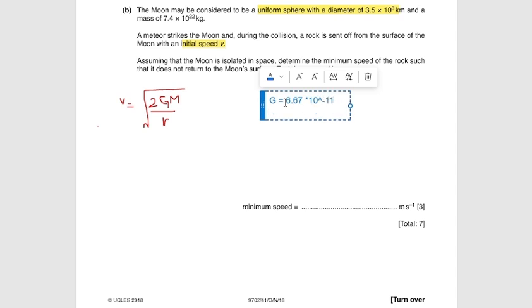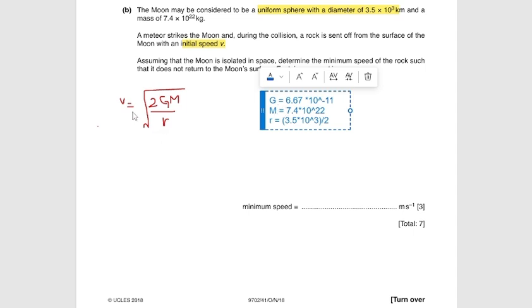You have your mass as 7.4 into 10 raised to the power 22, and you have your r as 3.5 into 10 raised to the power 3 divided by 2, because this is the diameter, you have to divide this by 2.